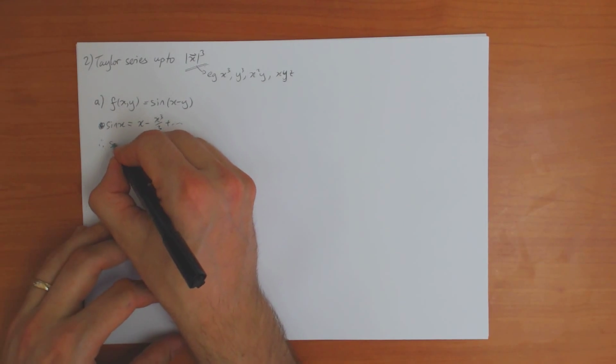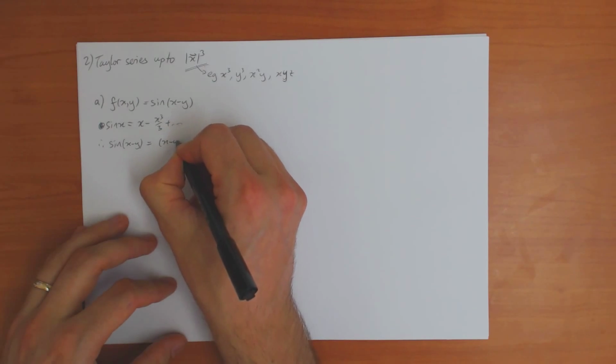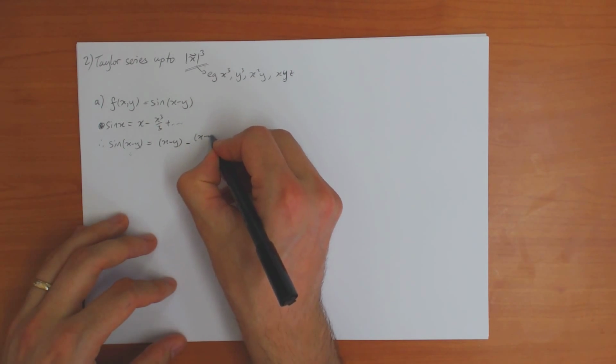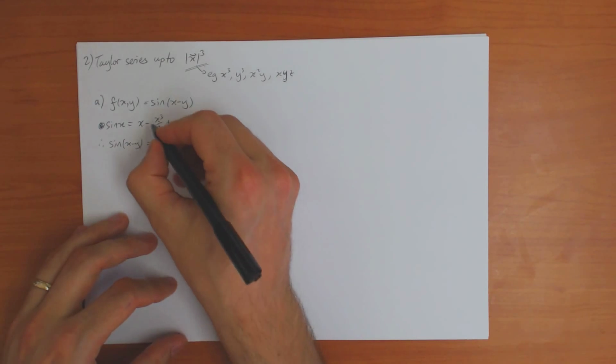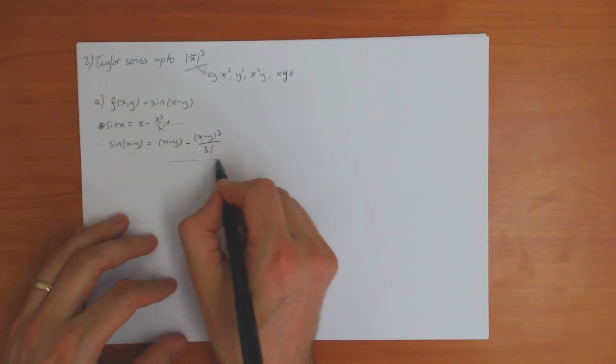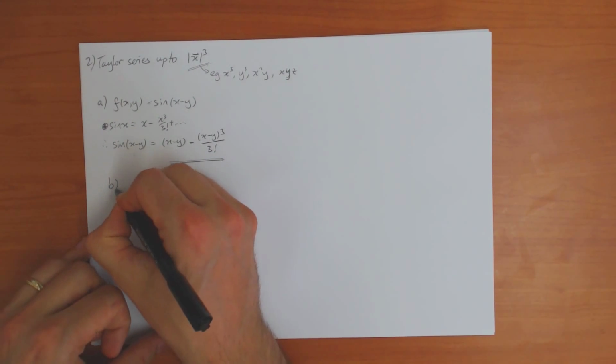So therefore sine of x minus y, it's just change x into x minus y. So x minus y minus x minus y cubed over 3 factorial. Okay, and that's the answer. Okay, so that was pretty easy.